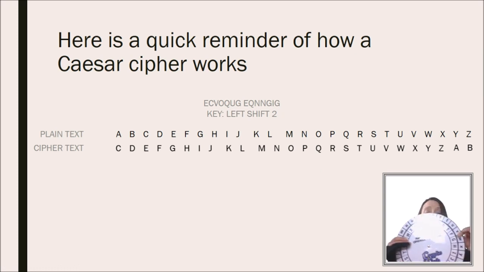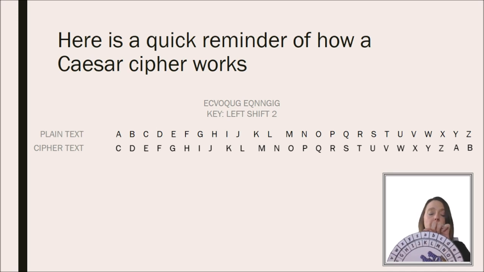Now that works the same if we use a cipher wheel. Okay, the outside row is our plain text. This is used for our actual code. The inside row is our ciphertext. So if we pop the A at the top of the plain text and we swivel the inside row around until A matches up with the top A. So at the moment they are perfectly in line.